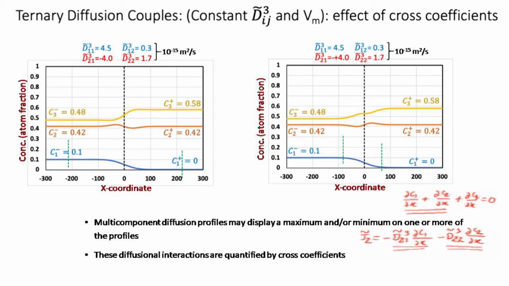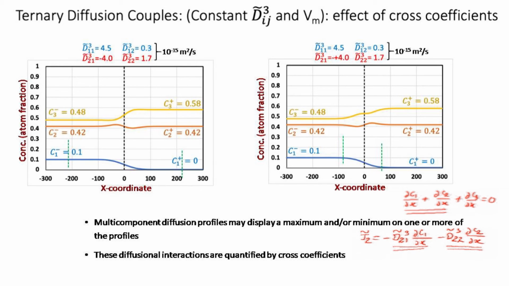Now, if d21 tilde is negative and the gradient term of 1 is also negative, which is the case here, then the first term becomes negative, right, and it is decreasing the flux of component 2.